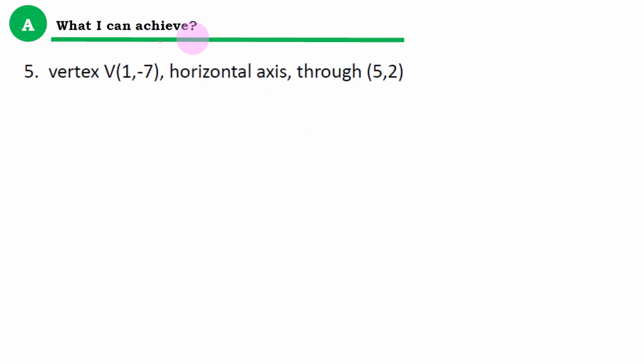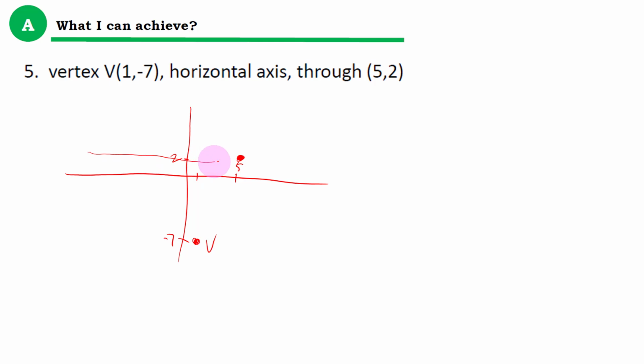Another one: the vertex is at 1, negative 7, with a horizontal axis passing through 5, 2. Let's visualize first. Where is 1, negative 7? This is the vertex. We have 5, 2, so this is 5, then 2. This is our point, and there is a horizontal line passing through.